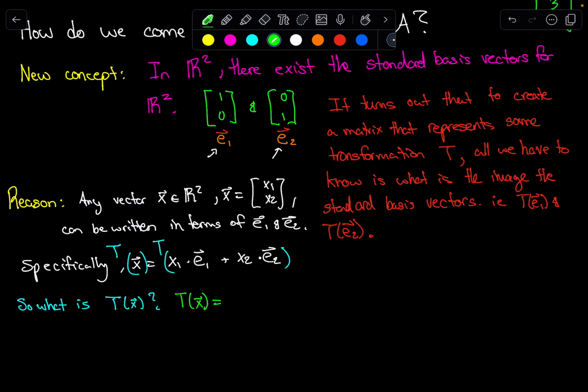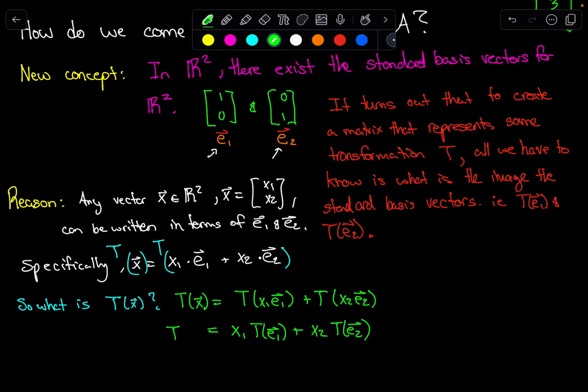The reason this has to be a linear transformation T is that I can split this up into two separate pieces, and then pull out the scalar x1 and the scalar x2 as well.